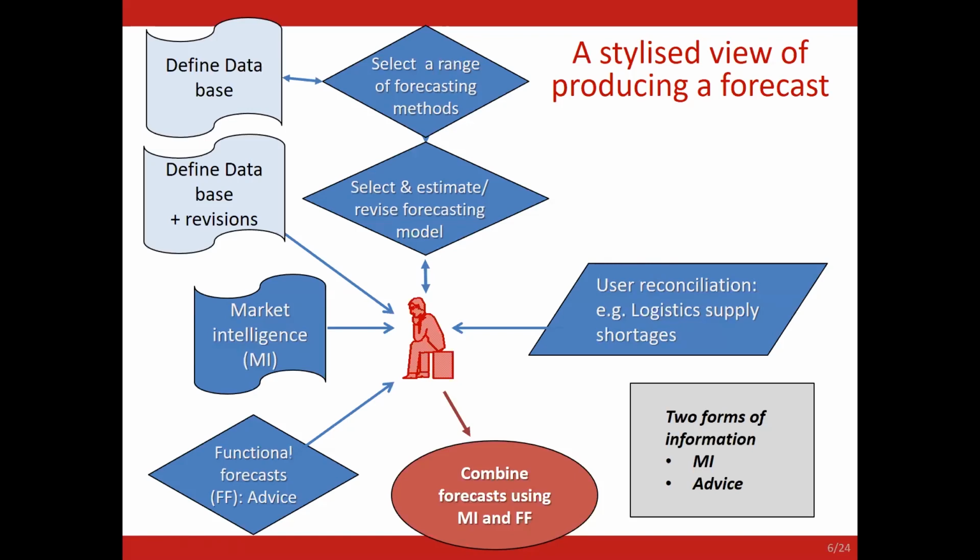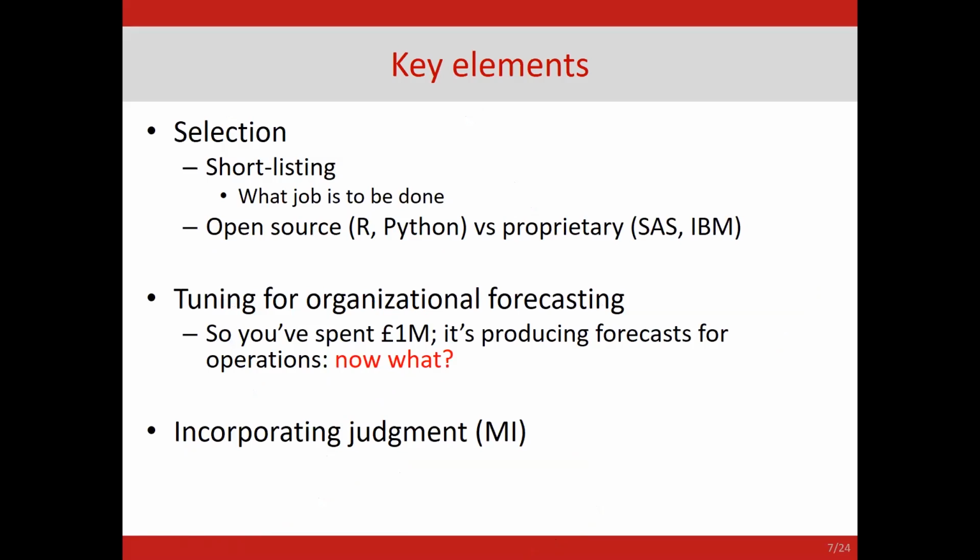So one way or another, we're going to take a range of models, choose a model, estimate the model. That's sort of the easy bit, with some of the provisos I've mentioned, and then combine with judgment. That is what almost all forecasting in practice is about.